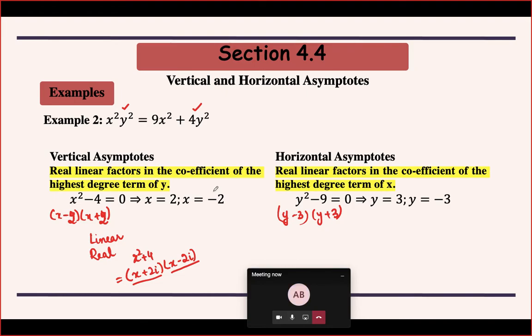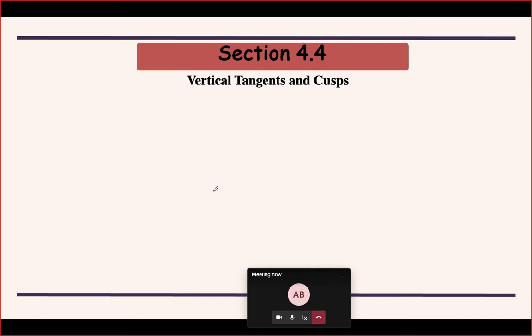Okay, so now I'll move to the next topic, which is the last topic in this section, that is vertical tangents and cusps. So when a particular function has a graph with vertical tangents, that means tangents that are parallel to the y-axis, how would the shape of the curve look?